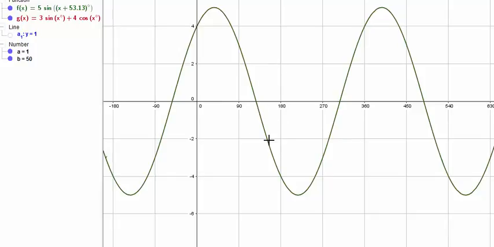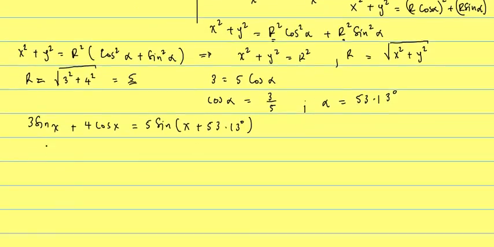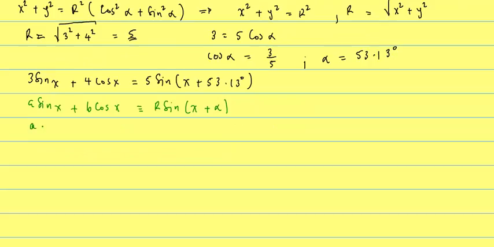Now we're looking to generalize the process of finding these values. So if we're given a general equation, say a sine x plus b cos x, and our intention is to write it in the form r sine (x plus alpha) by using the compound angle formula again, a sine x plus b cos x should be identical to r sine x cos alpha plus r cos x sine alpha.